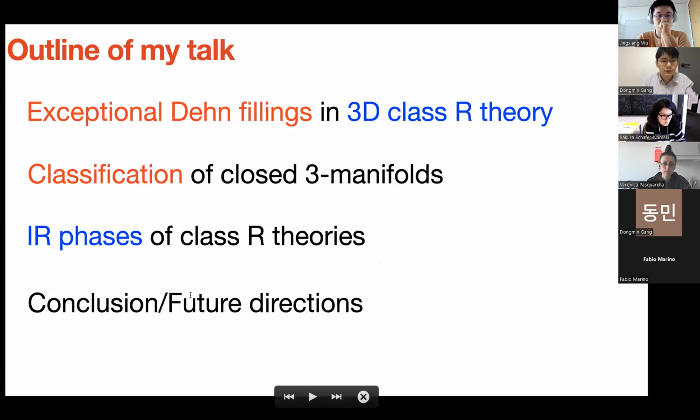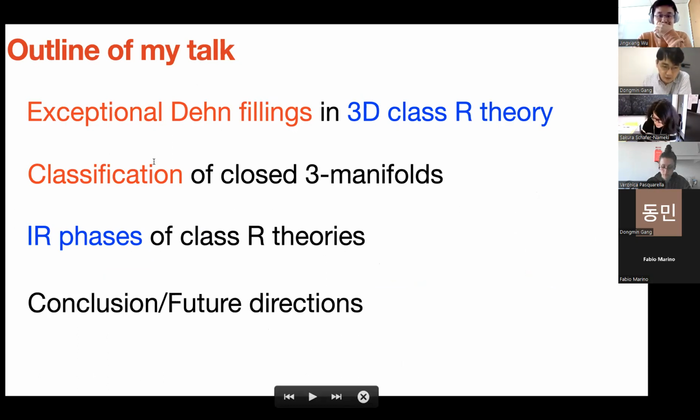So this is the outline of my talk. First, I will explain the exceptional Dehn fillings in class R theories. This is the main mathematical concept. So I will review this exceptional Dehn filling from the basic things, and then how this exceptional Dehn filling is realized in the 3D-3D correspondence.